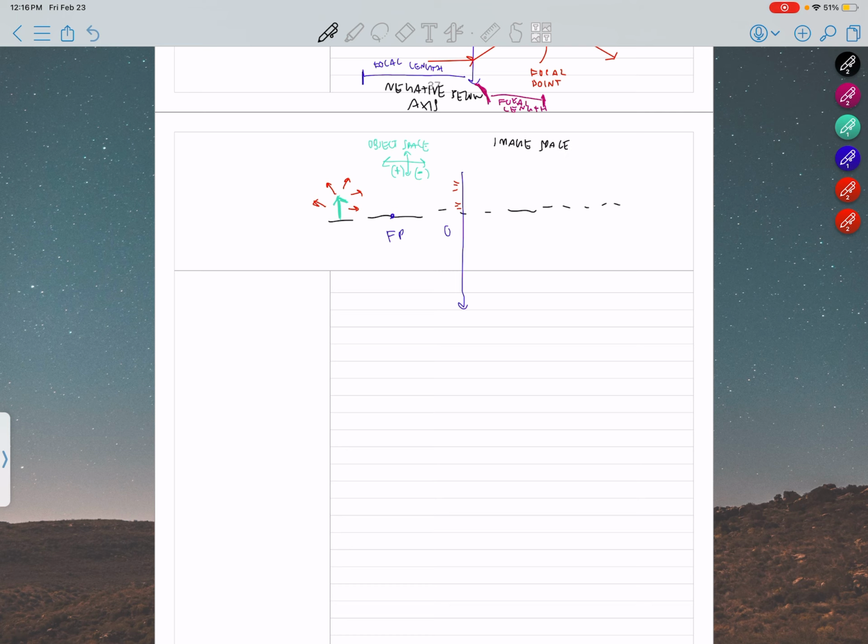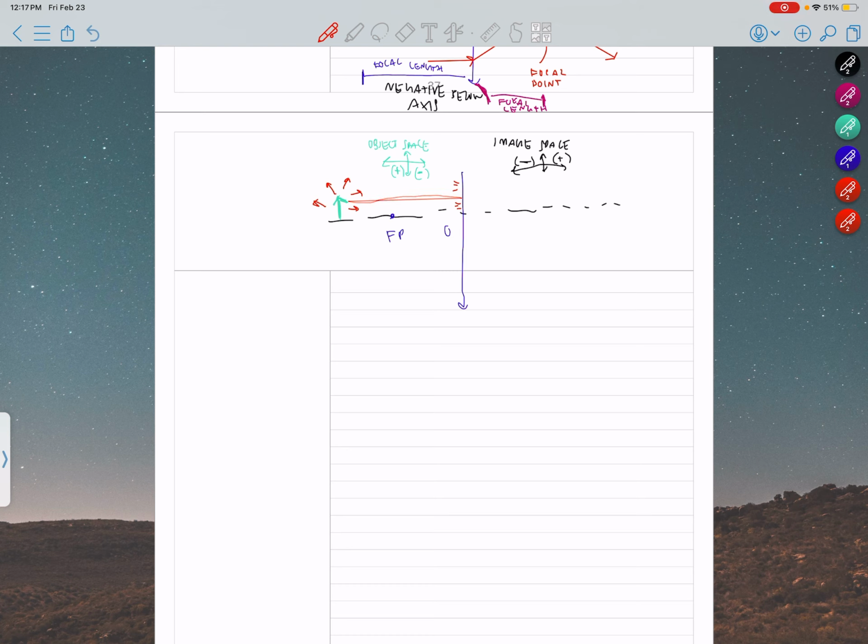So, I'm going to start from the top of my object, and the first principal ray is going to go parallel to the optical axis. And what happens to light when it's parallel to the optical axis?